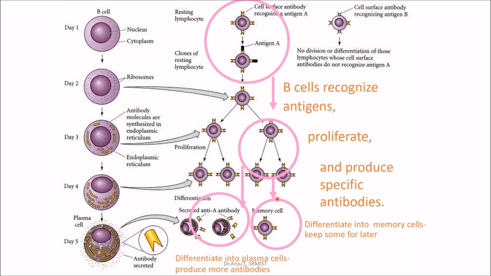A small population of the effector B cells remain as memory B cells. These memory B cells are in small numbers, have a very long lifespan and circulate, and when the individual encounters the same antigen a second time, these memory cells are activated and immediately bring about the response against the specific antigen.